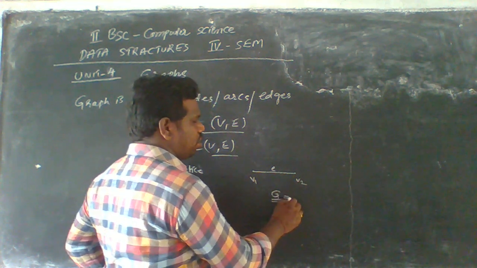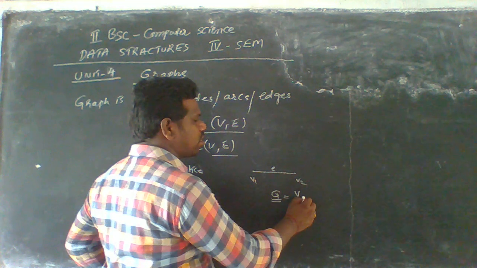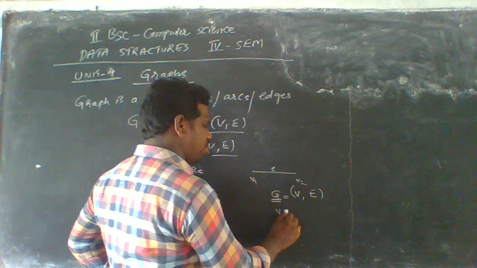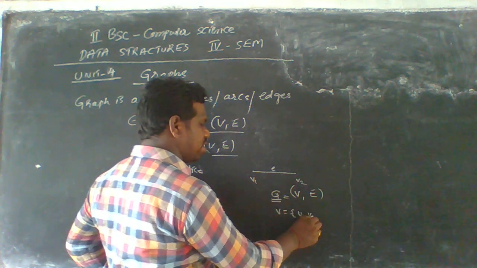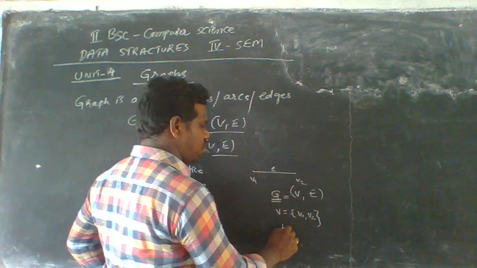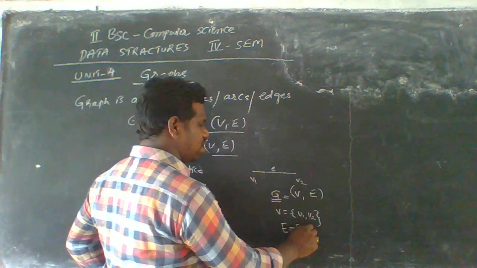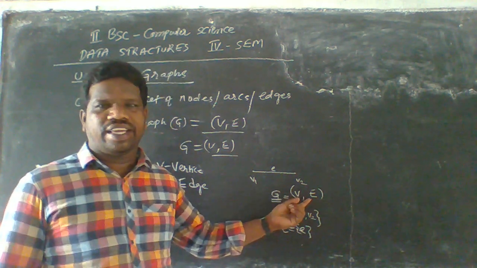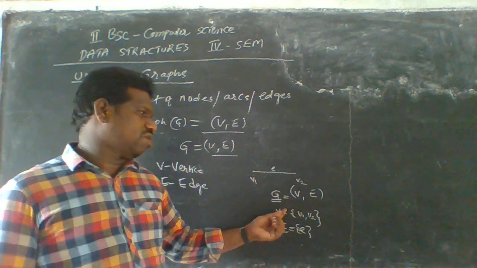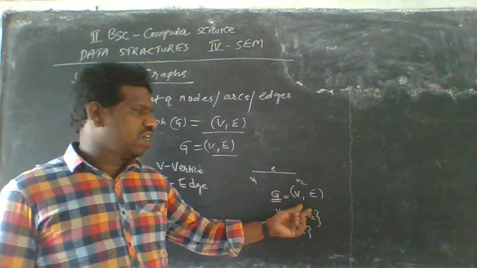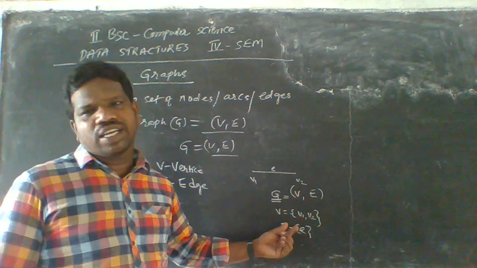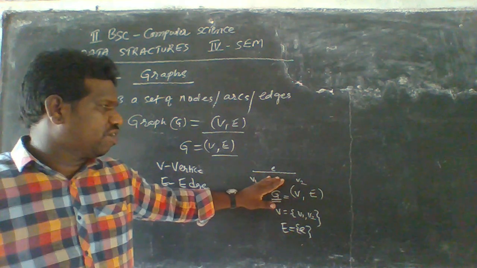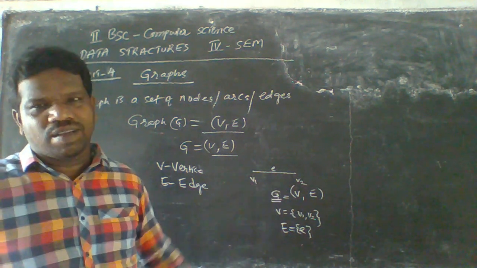So this is equal to V comma E. Here V equals V1 comma V2, and E equals only one edge, called E. Then we simplify: G is equal to V comma E, where V is vertex 1 and vertex 2, and we have only one edge, called E. Hence it is one of the graphs.